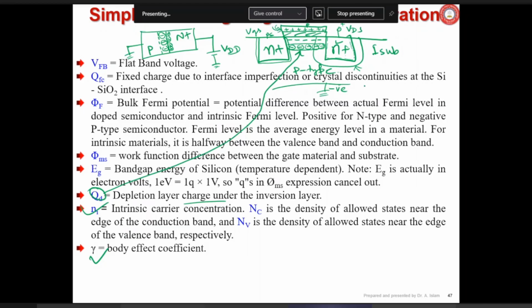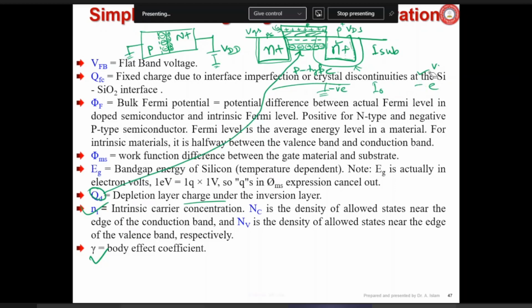And I sub is given as I naught into VGS minus VT, then e to the power something, and e to the power eta VT.